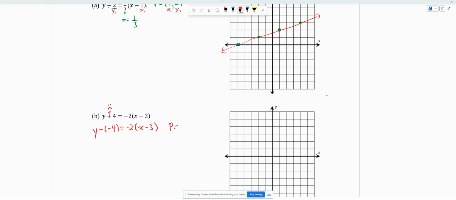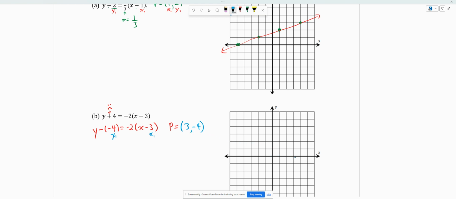My point P is going to be equal to, here's my x1 now, which is 3, and my y1 is right there. So I'm going to grab this point, x1, y1, and it's going to be 3 and negative 4 this time. We definitely treat these as subtractions, and then we grab the sign of the number. Let's plot that point first.